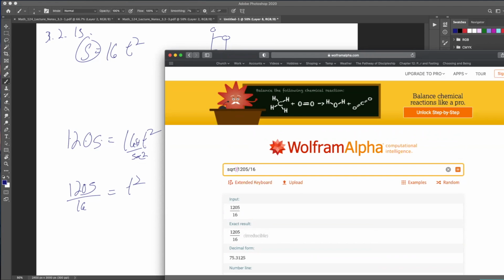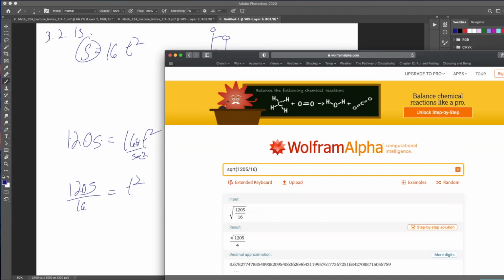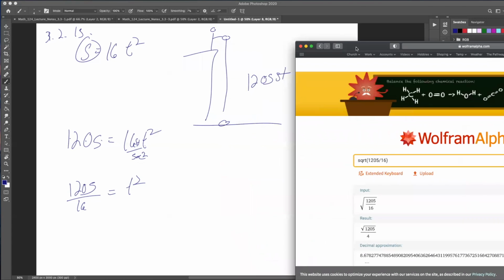And since we're talking about positive time, it doesn't make sense for the ball to hit in negative time. And so we'll just get this answer. Okay, so that's how you solve that one. Here's the equation. They tell you what S is, so they plug in S of 205. And then you just divide out 16 and take the square root. That's all you need to do for that one.